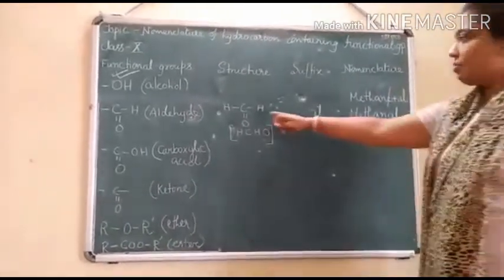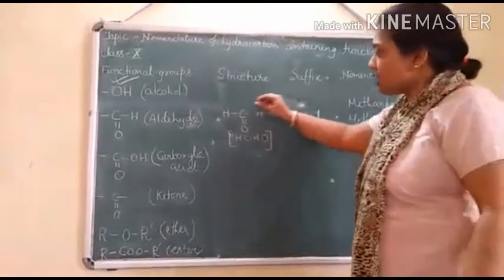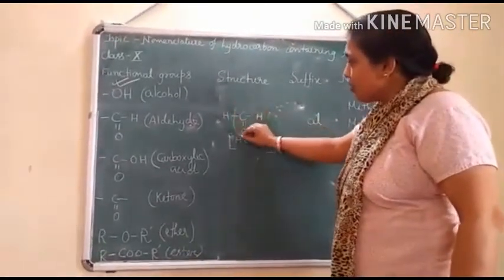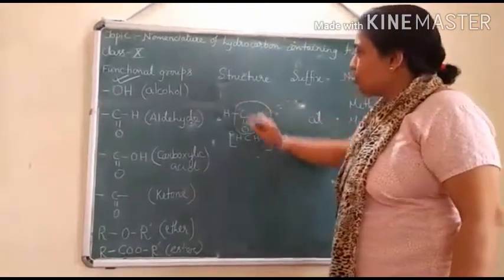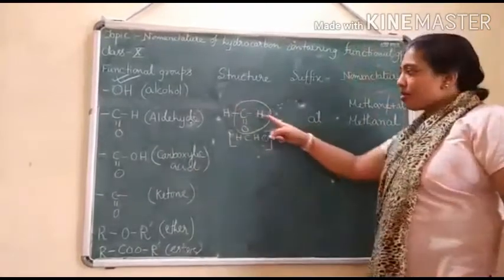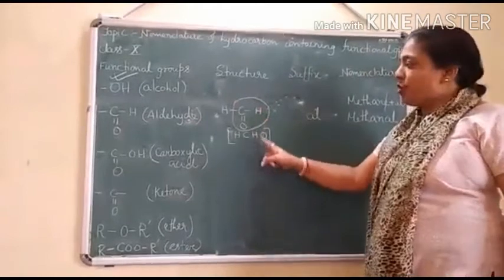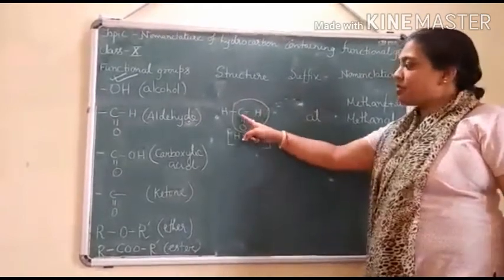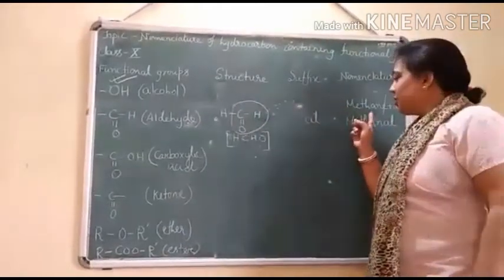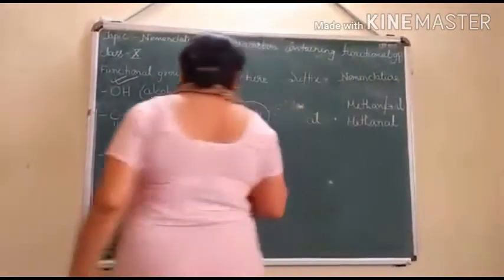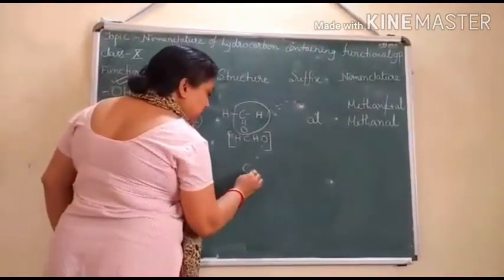If it is 1 carbon, along with this you have to concentrate on what the functional group is, then you choose what its suffix will be. So this is the functional group, suffix is al, meaning this structure is for aldehyde, and as it is 1 carbon, the name will be methanal.